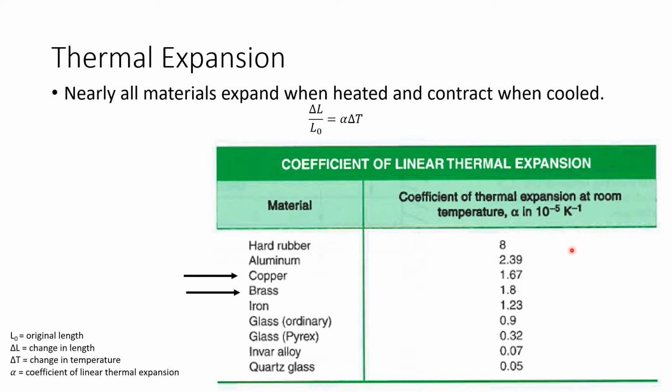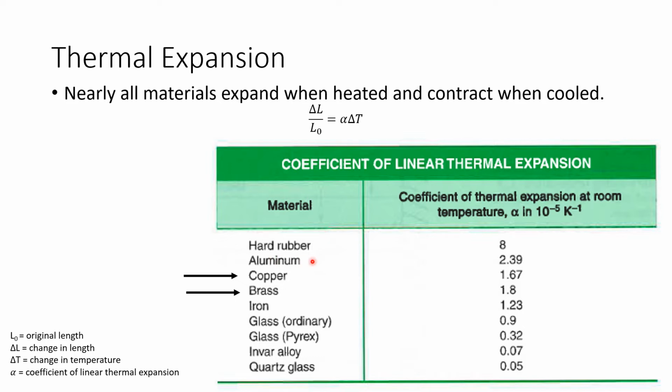That's alpha in 10 to the power minus 5 per Kelvin, Kelvin to the power minus 1. If you write it as a fraction, it goes down under. But you don't have to go into details again. Nobody's going to ask you mathematics or physics. Here you're concentrating on the material.